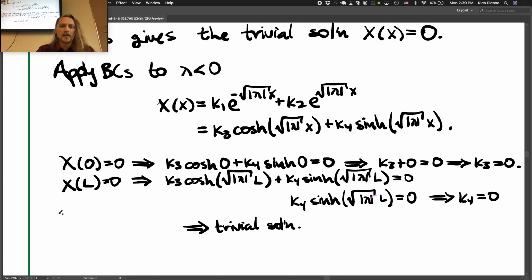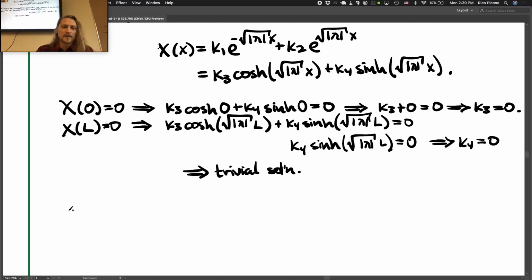Do we think that lambda positive is going to give us some non-trivial solution? And why? Yeah. So we know that there are going to be an infinite number of solutions, right?